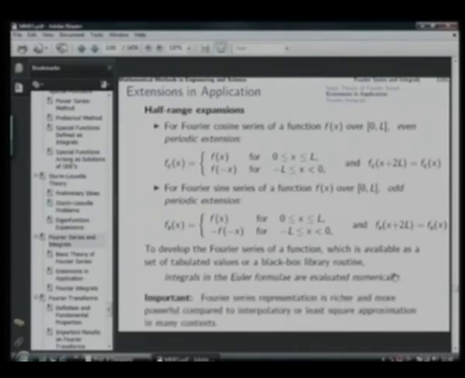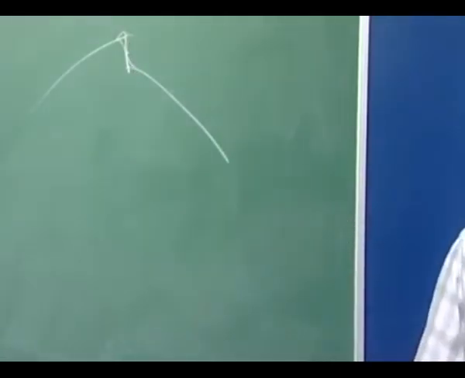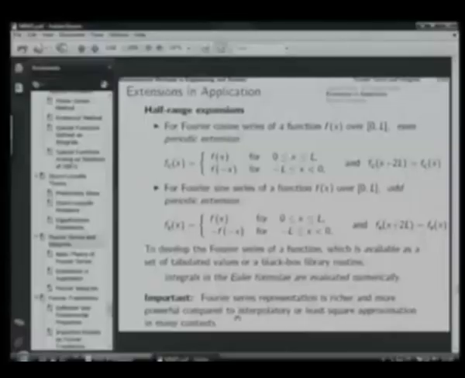Now, from the foregoing discussion, we find that Fourier series can give an infinite series representation of functions, even those functions which have jump discontinuities like this. Apart from giving a least square approximation, Fourier series representation is even richer and more powerful compared to other kinds of representations. One problem, however, is still unaddressed.